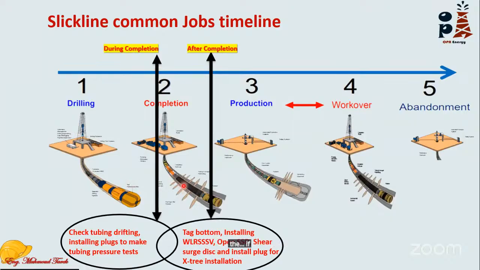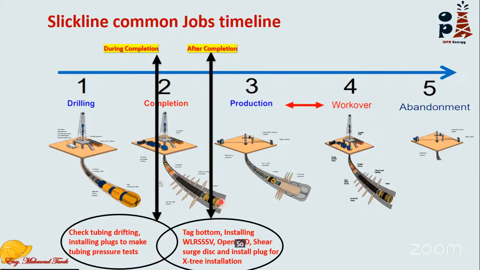If you run with your tubing to make a pressure testing during the completion, you either install a plug to make the pressure testing, or from the first run you will use a ceramic disc.